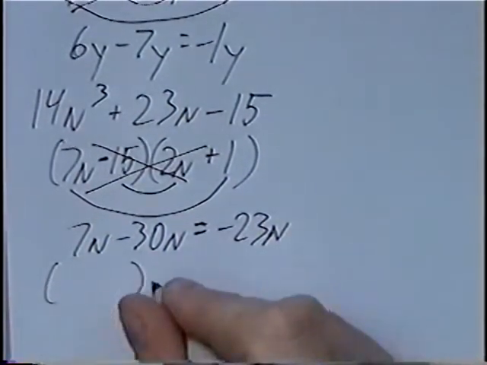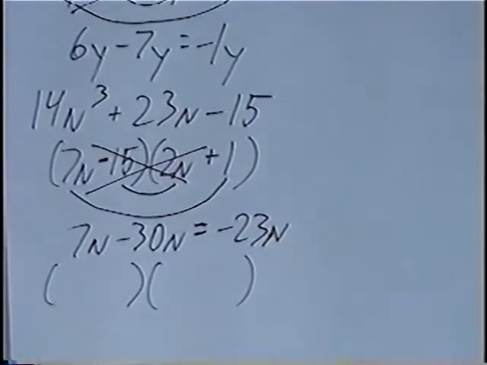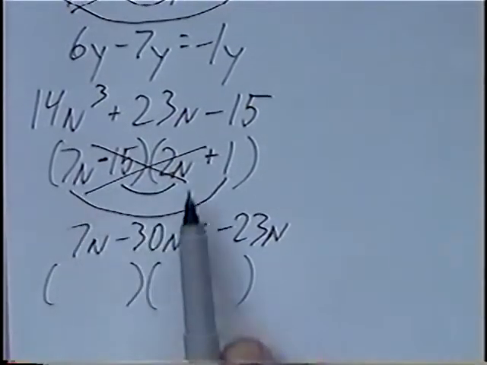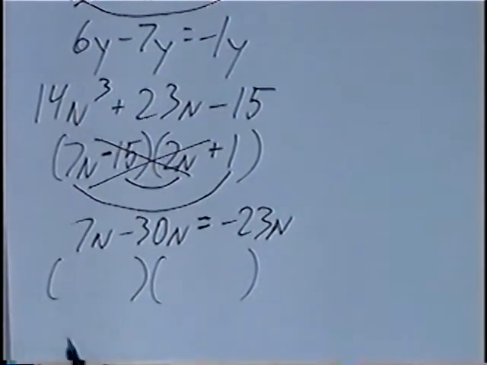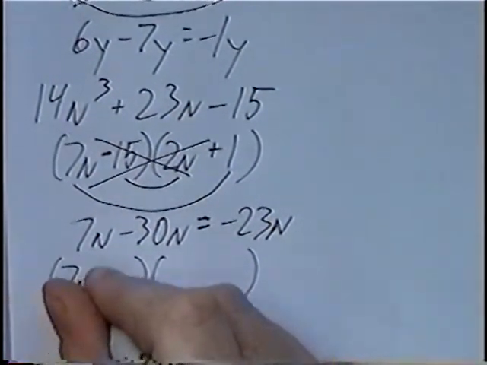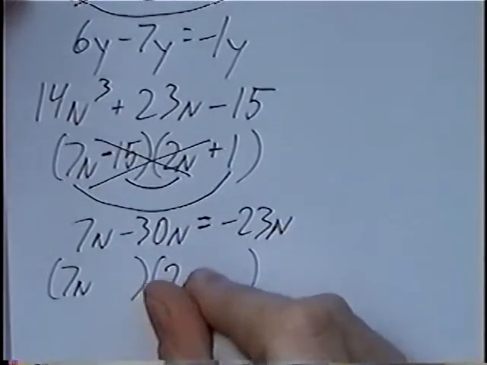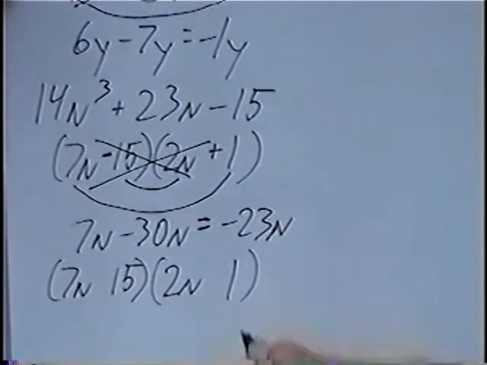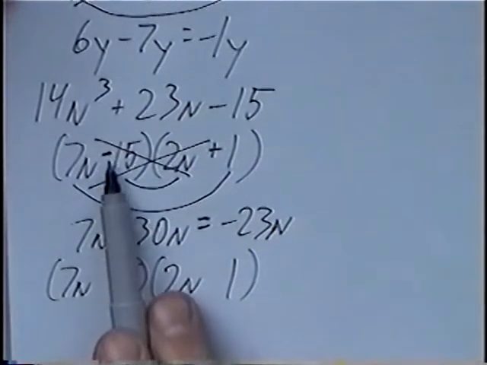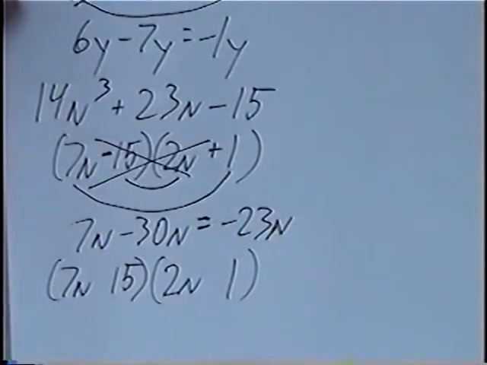And again, guess and check. You can either guess completely new numbers, or we can take the one that we had before and change a few numbers around. If we leave 7n and 2n the same, we can also leave 15 and 1 the same. But to guess another answer, we can switch the negatives and positives.